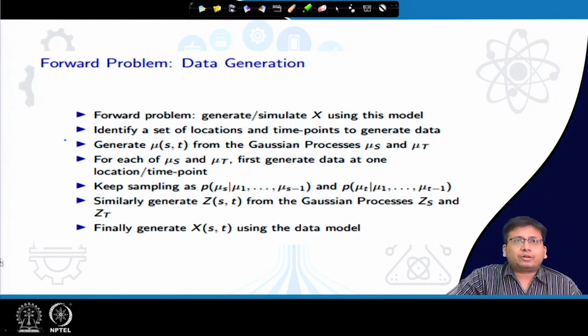Once we have done that, we simply identify a set of locations and time points to generate the data, and then we just keep on sampling mu s and mu t based on the values which have already been generated.